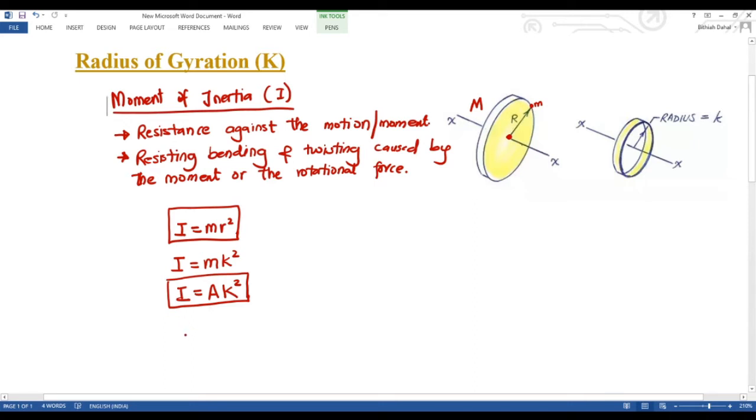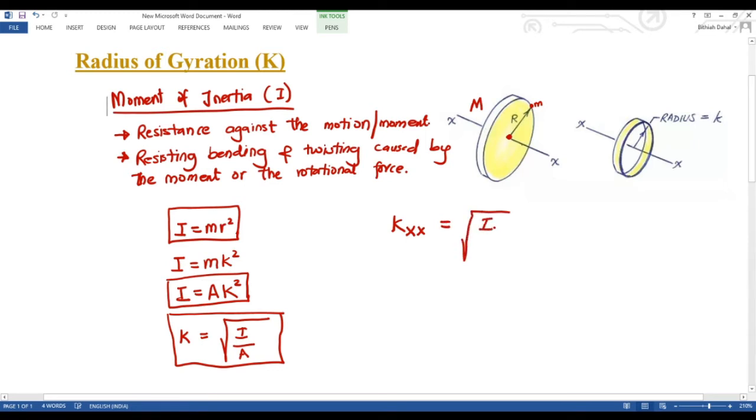Now from here my radius of gyration k will be equal to root over I by a. So this here is a general formula for radius of gyration. Okay, now if I want to find the radius of gyration about my x axis, it will be equal to root over I x, which is the moment of inertia about the x axis, divided by area.